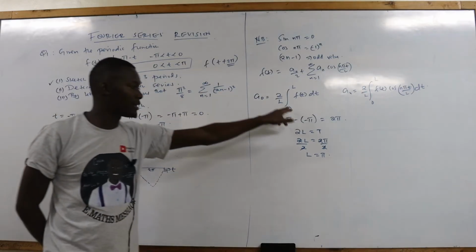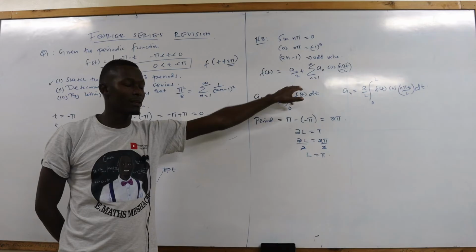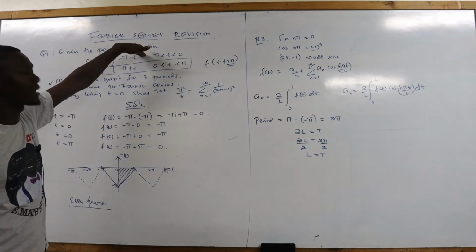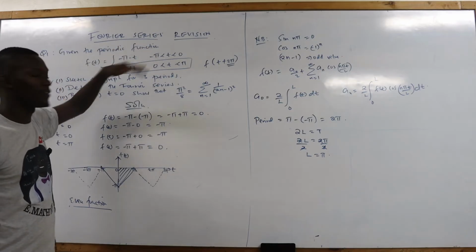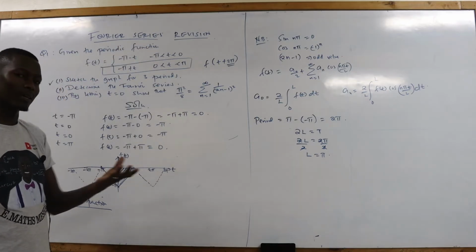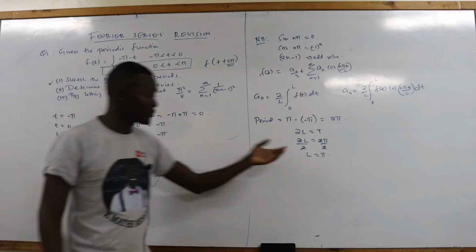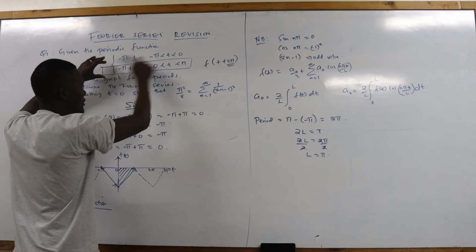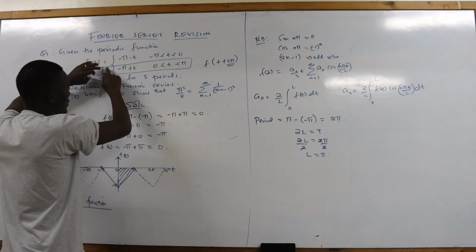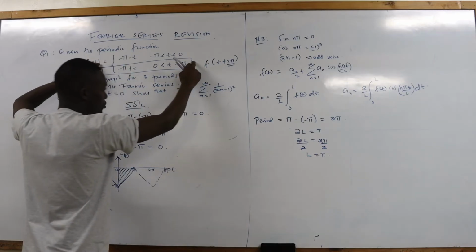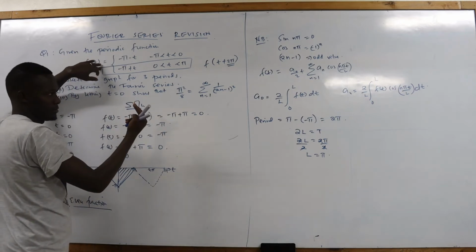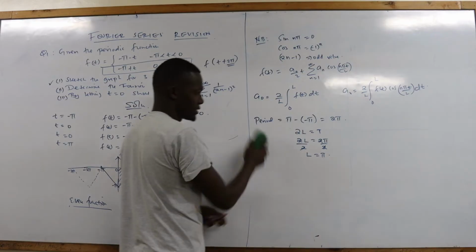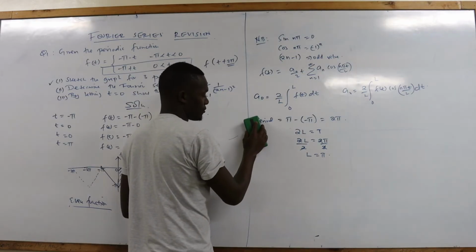That is why when we work from 0 to pi, we multiply by 2 to show that there was also another part here, but these two would turn out to be the same in terms of the outcome. Since these two are the same, we only concentrate on this one function from 0 to L. I hope you have gotten this. I'll just rub it out now so that we can have our calculations.